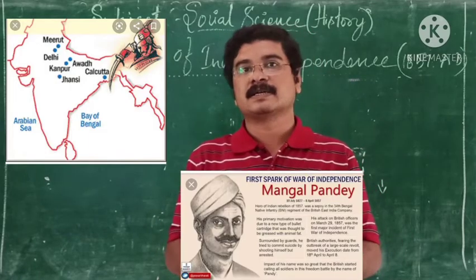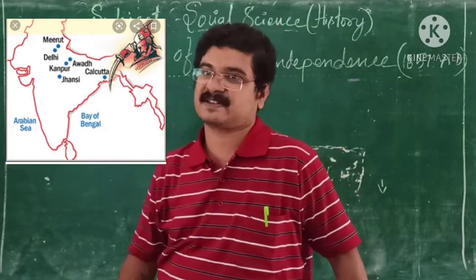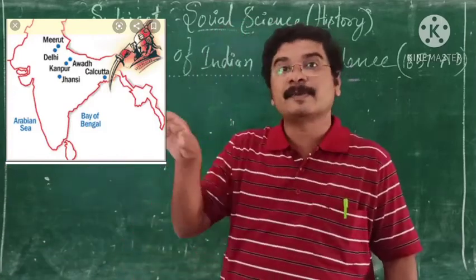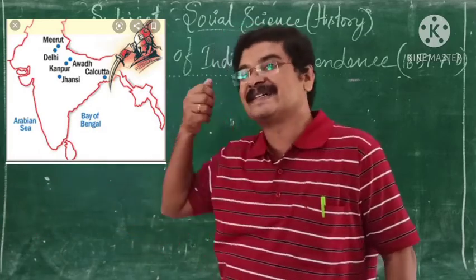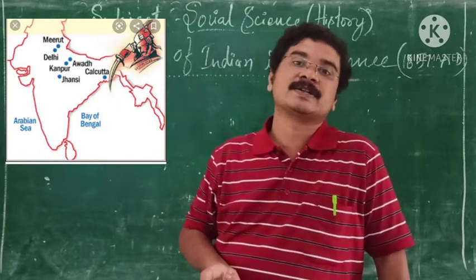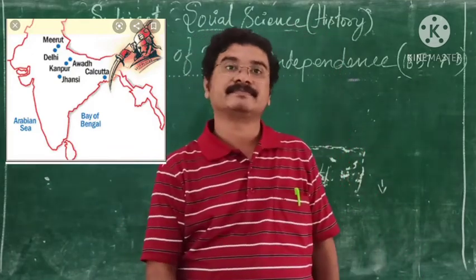After this incident, it spread to Meerut first. In Meerut, when the British ordered the Indian soldiers to use greased cartridges, the soldiers refused to carry out the order.